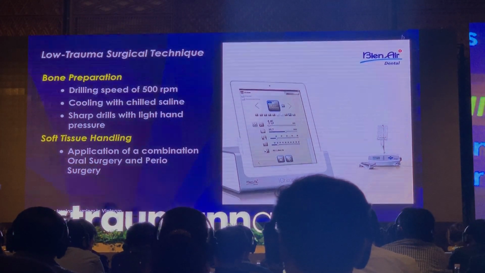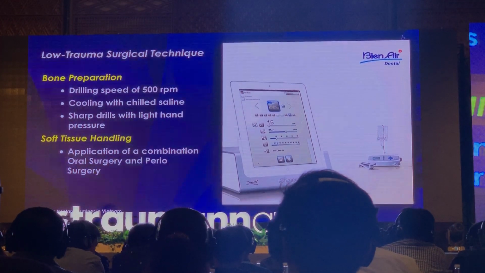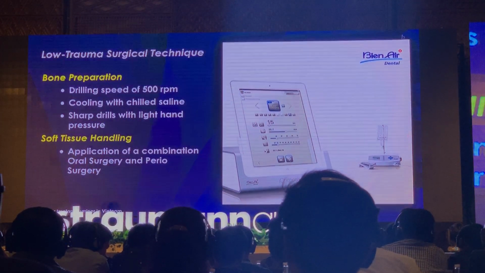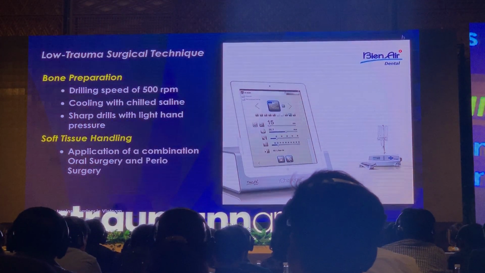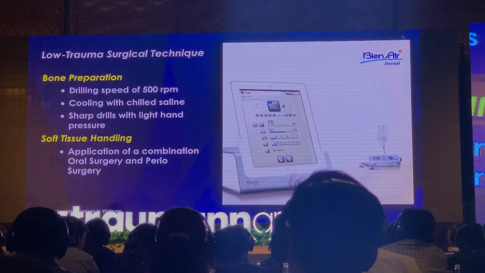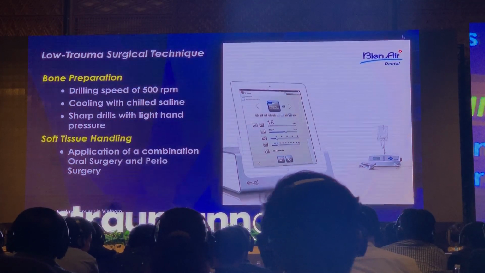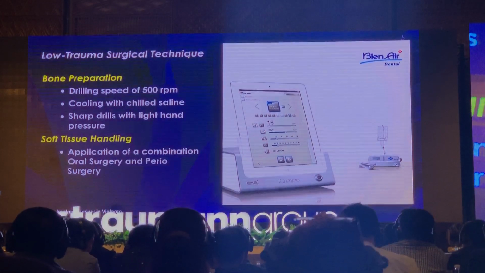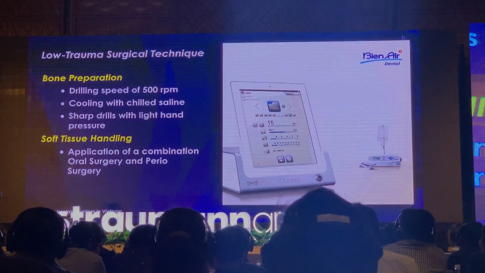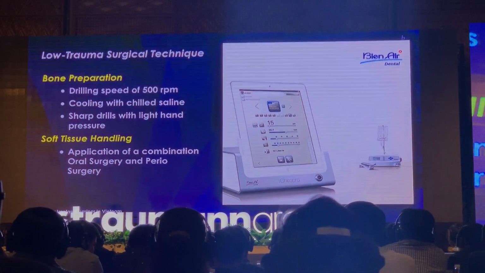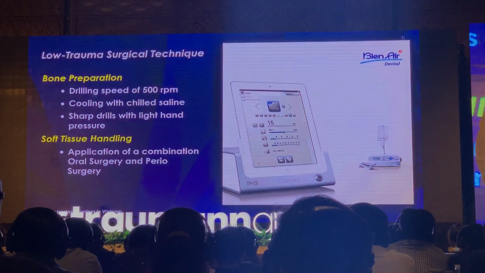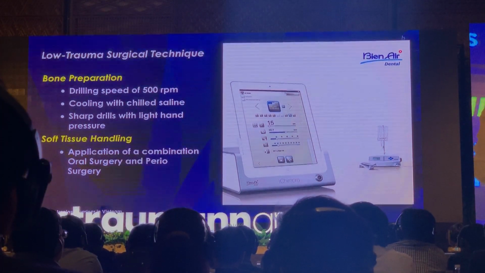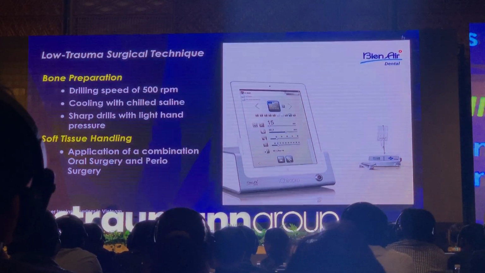And you see this is attached to the machine, and the cooling is done with chilled saline. That is from the fridge, sterile saline, so it's 5 degrees centigrade. We have done it in the late 80s, long time ago. We measured in the bone how the temperature develops. When you drill a hole without any cooling, then of course it goes up.